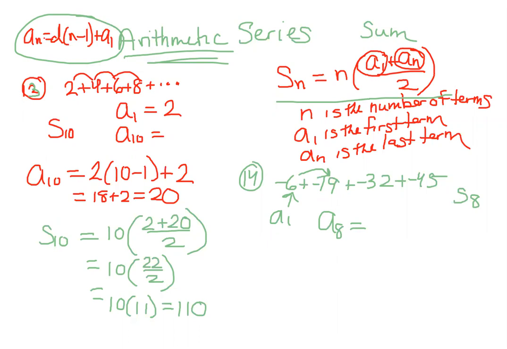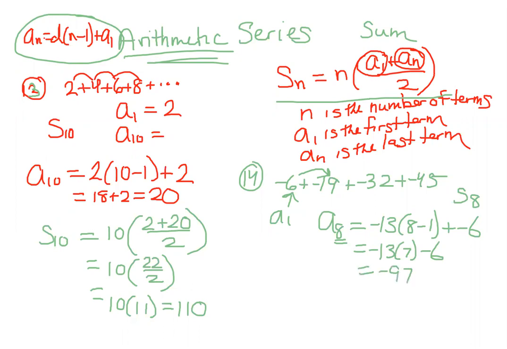We are subtracting 13. So D is -13 times 8 minus 1. We're putting that because we're looking for 8 plus the first term. So this is -13 times 7 minus 6, and the 8th term is -97.